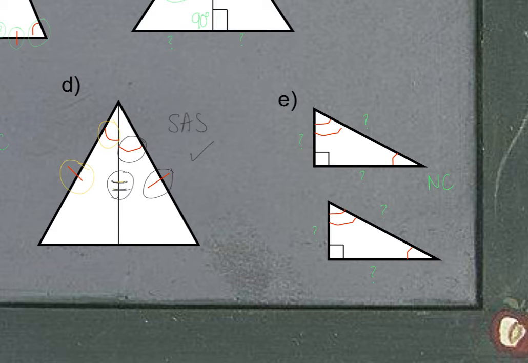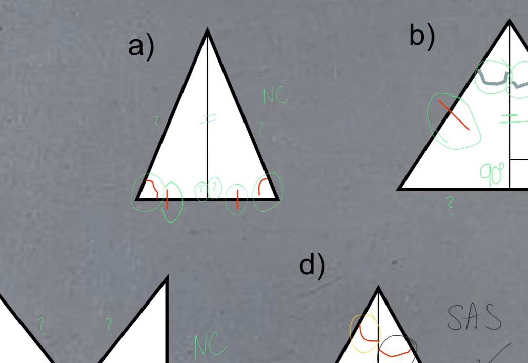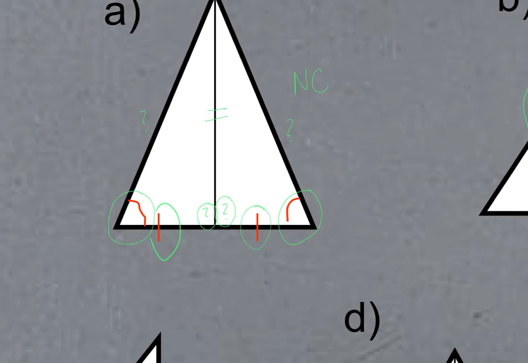Wait, so how come A isn't congruent? The reason A is not congruent is because it shows us that, okay, we've got one side, a side, and an angle that are congruent, right? So we should be able to assume that side, angle, side, Samantha, they have to be in order, right? So here's one side, right?